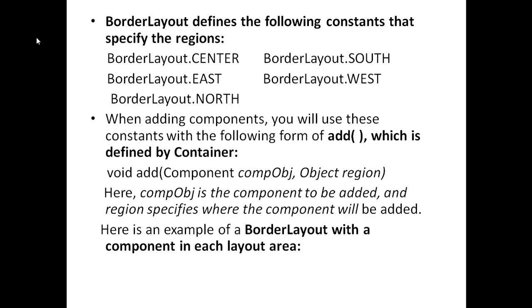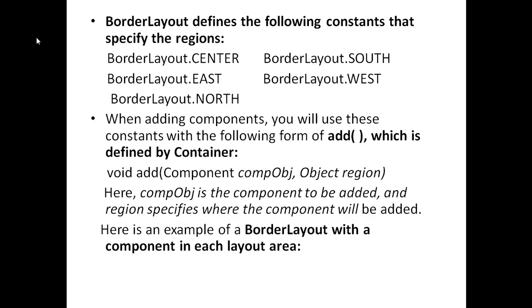When adding components, we will use these constants with the following form of the add method, which is defined by the Container class. The syntax is: void add(Component compObj, Object region).